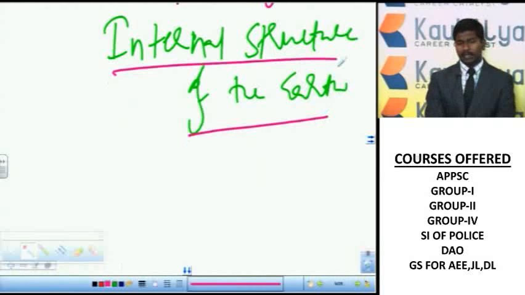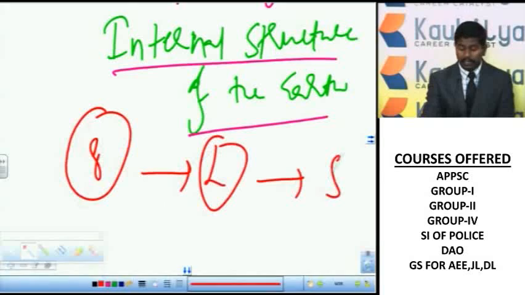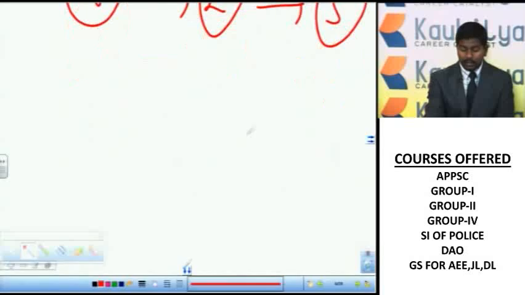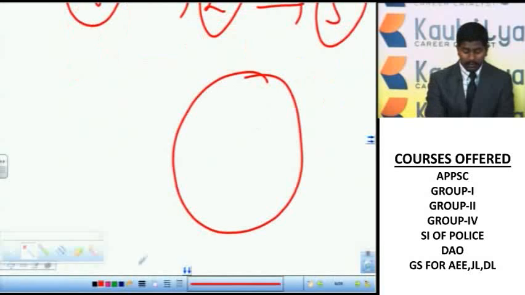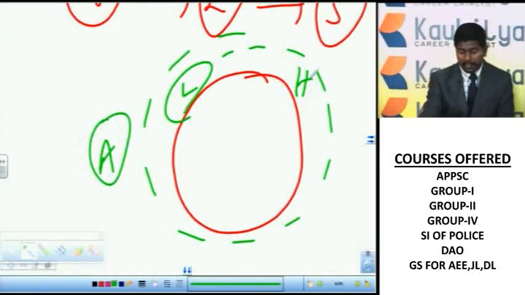Now I explained in the beginning, while this earth had been transforming from its gaseous state to the liquid state, it finally acquired the solid state. And in its solid state, on the outside it led to the formation of the lithosphere and hydrosphere, and on the outer side the atmosphere. But inside the earth, what happened?